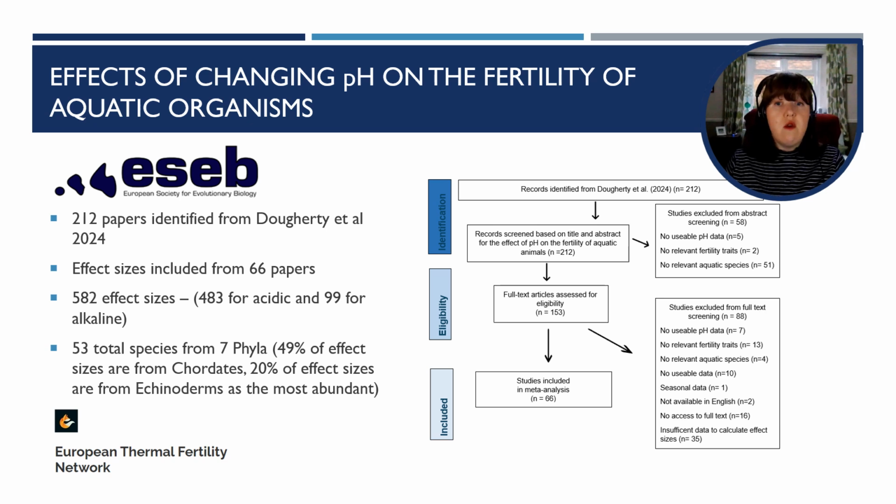Notably, chordates contribute nearly half, 49% of the total effect sizes, and echinoderms are the second most abundant group, contributing 20% of the effect sizes. This dataset provides a robust basis for evaluating the effects of environmental pH changes across a wide range of species, habitats, and traits, offering insights into the potential vulnerability of aquatic fertility to changing pH.